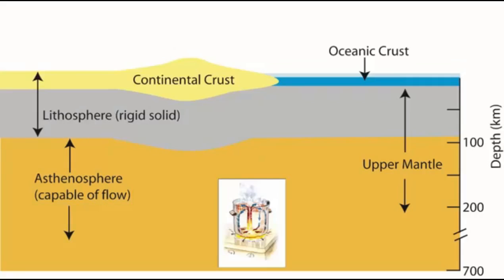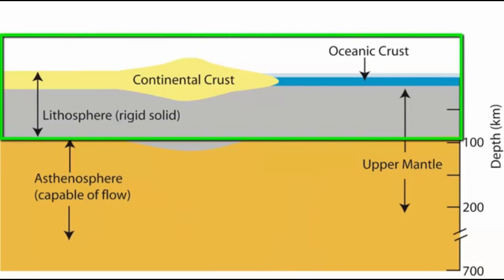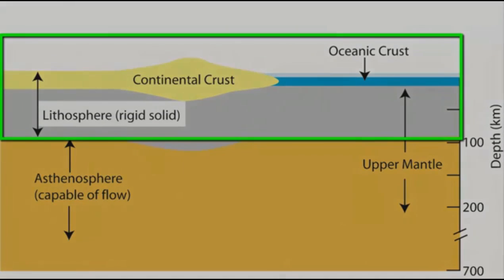Thus, it convects. Hotter, less dense material rises, displacing colder, denser material which sinks. The rest of the upper mantle plus all of the crust are fused together. We call that combination of crust plus upper mantle that sits above the asthenosphere the lithosphere.